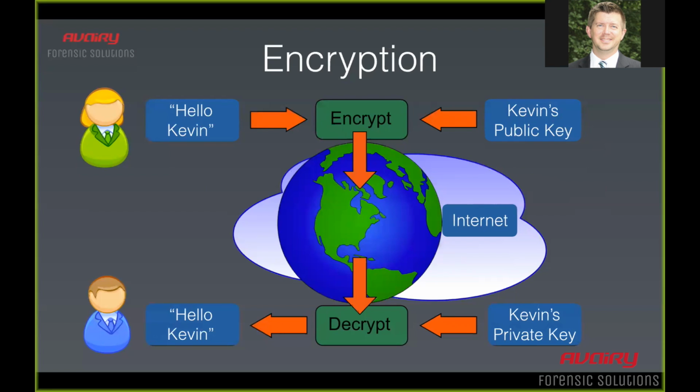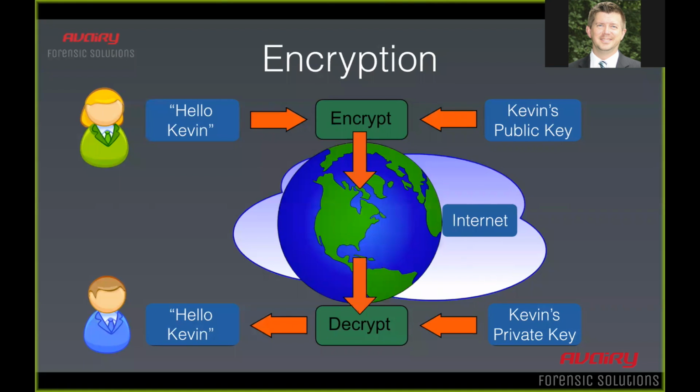So with encryption, here's the basics if you've not been exposed to it. Now, this is more of a message as opposed to content, but they all function similarly. If I was getting sent a message, you can see here in the upper right corner, hello, Kevin, it's sent over to be encrypted. My public key can be utilized to encrypt that information.